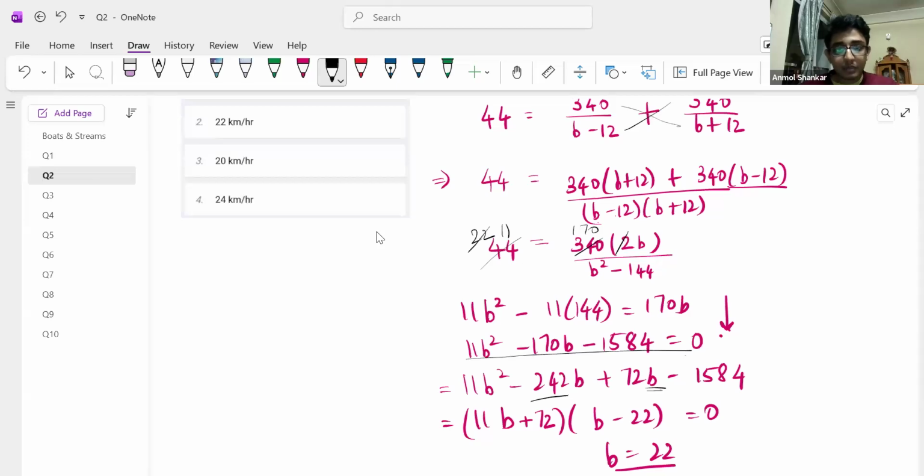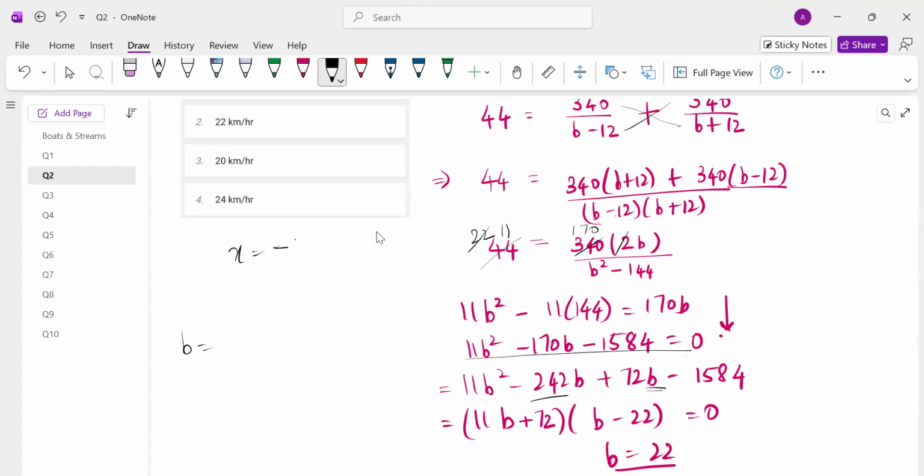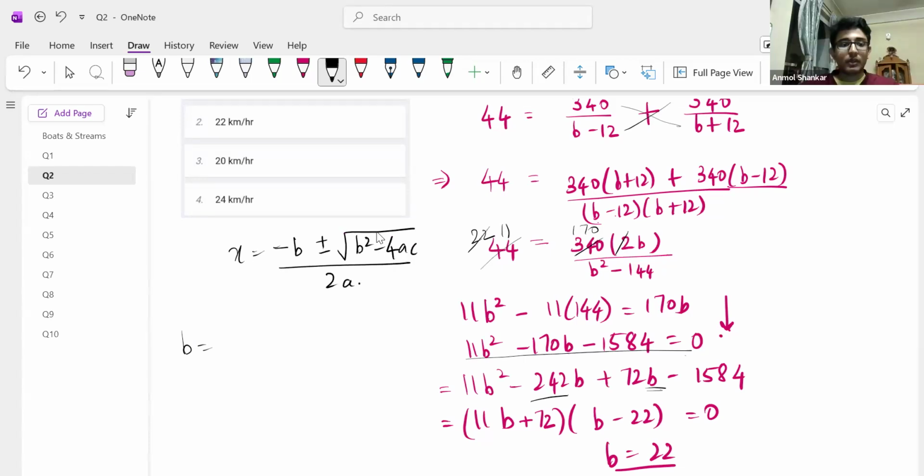What can we do? x is equal to minus b plus or minus root of b square minus 4ac, whole divided by 2a. Very good, we will apply it here. Minus b is 170, plus or minus root of 170 square plus 4ac, by 2a.